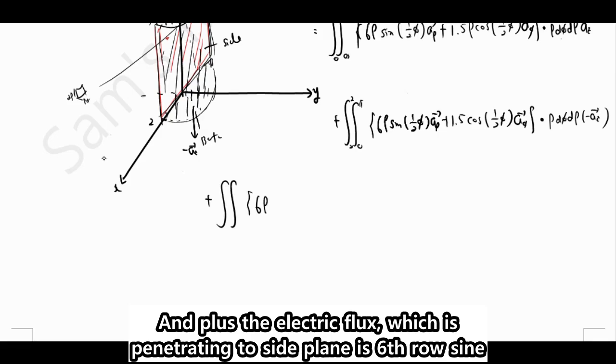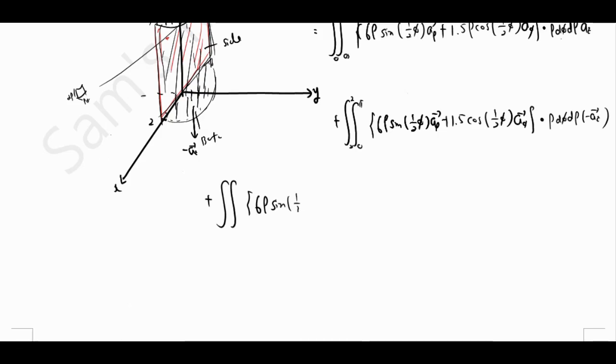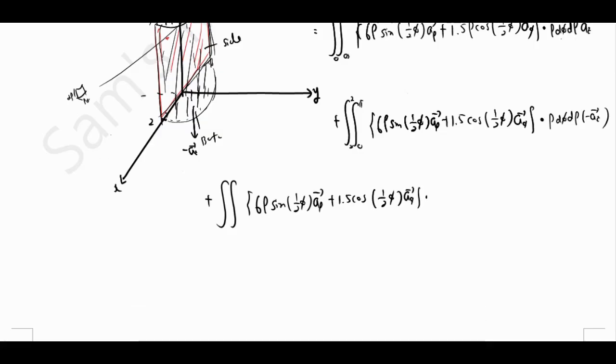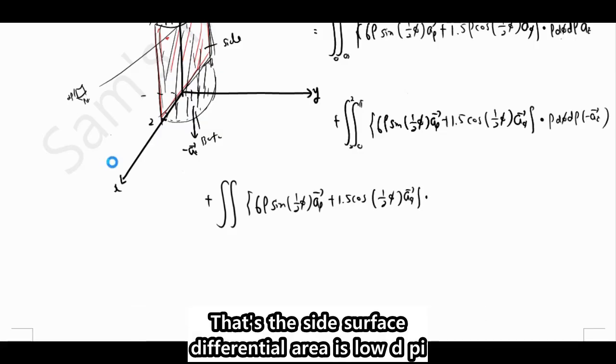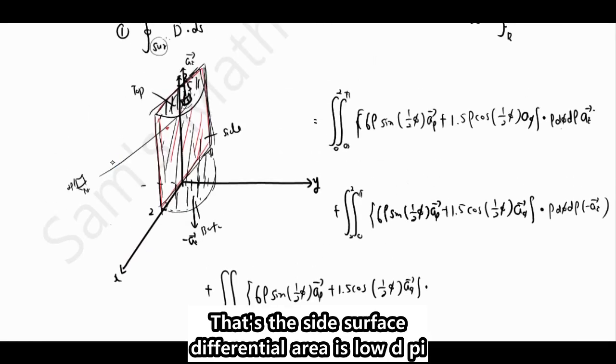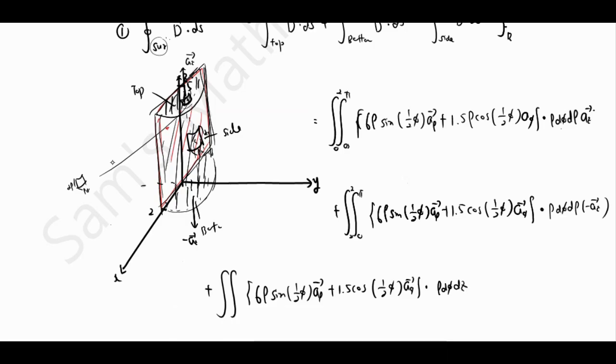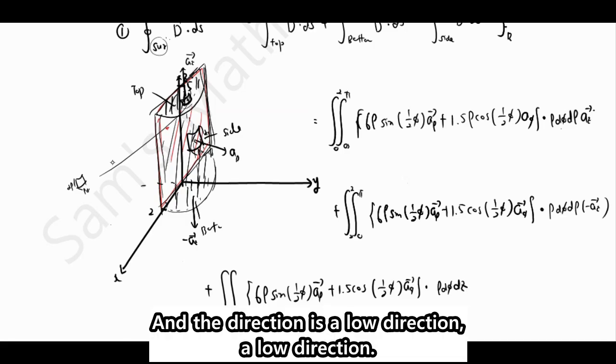Plus the electric flux penetrating the side surface, which is 6 rho sine 1 over 2 phi a rho vector plus 1.5 cosine 1 over 2 phi a phi vector dot the side surface differential area, rho d phi multiply dz, and the direction is a rho direction.